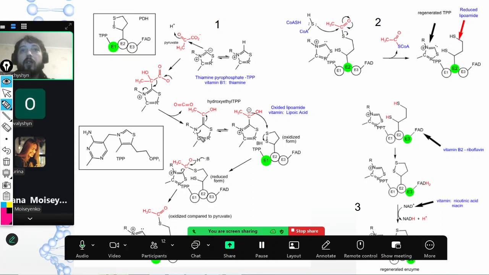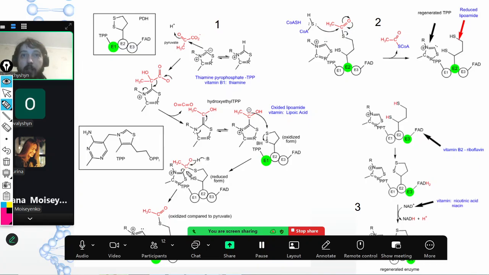Once again, we have some change in structure, some sort of isomerization, when this non-bonding electron pair recreates the double bond here, and this double bond is basically destroyed and electrons are moved to the carbon atom. The carbon atom acquires a negative charge and attacks this sort of hand from the E2 enzyme.